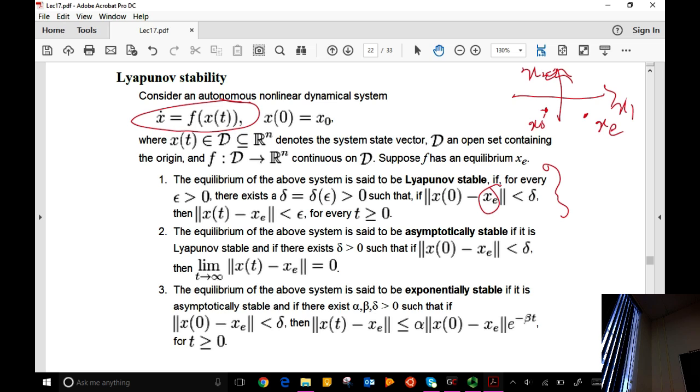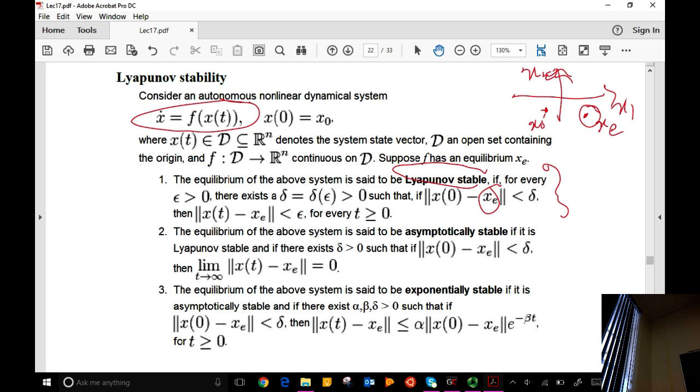So we want to generalize the notion of stability. Even in the case where we had just a closed cycle like this, as long as you can put a bound around that, the trajectory will remain bounded, and that would mean it is Lyapunov stable. So what does this mean?